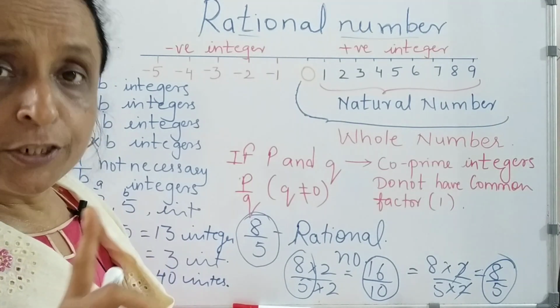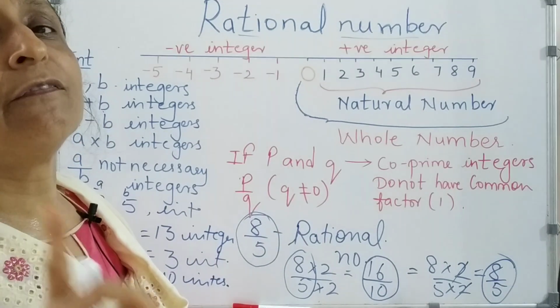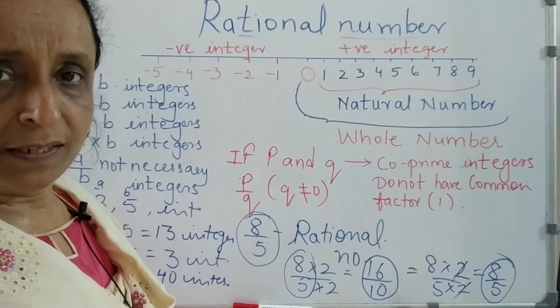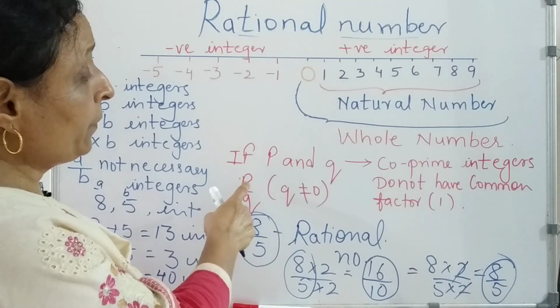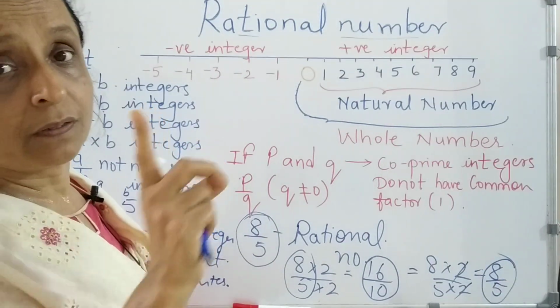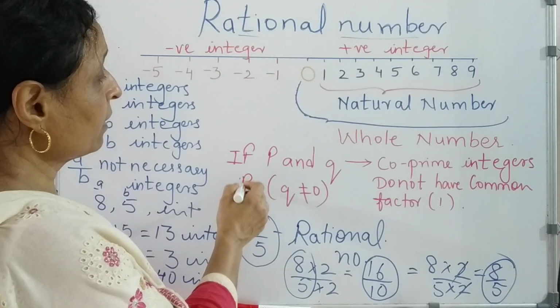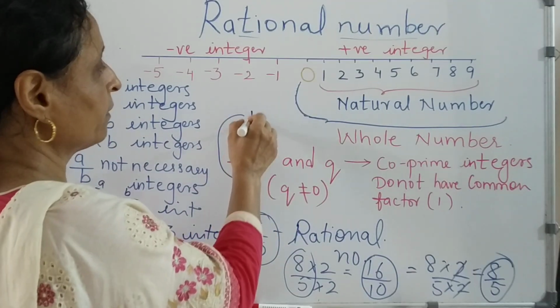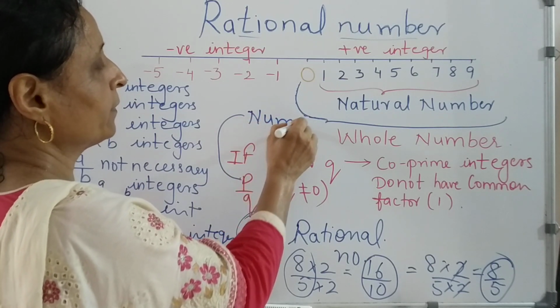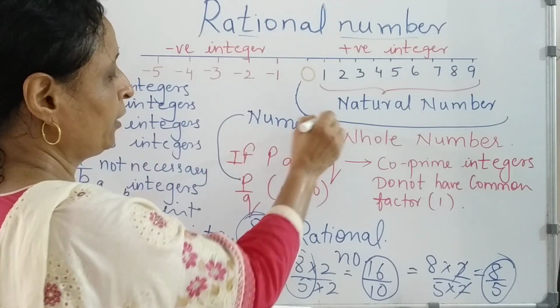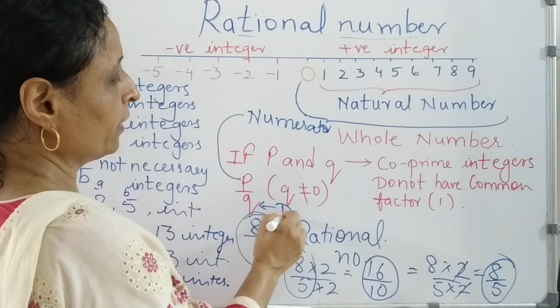Remember that it should never be 0. The P can be 0, then it won't make it meaningless. This P is known as the numerator and Q is known as the denominator.